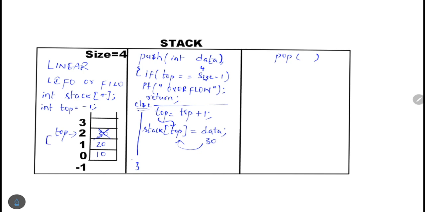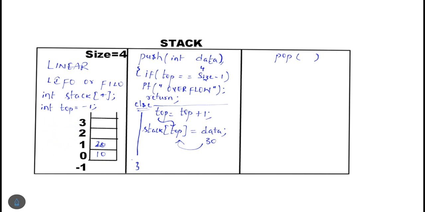So it should come to this area and point here. So I should decrement top by 1, and the updated top will become 1. So this 30 will be removed. That is the meaning of performing pop operation. This 30, whatever we have removed, we can take out and store in some variable called x or y, whatever it is, and use it for further usage.